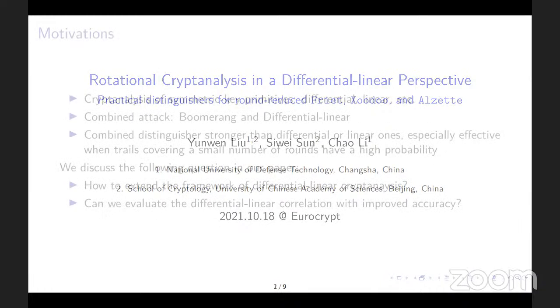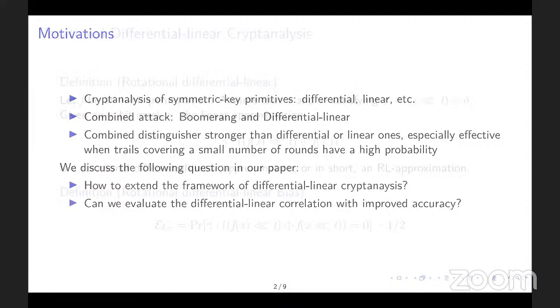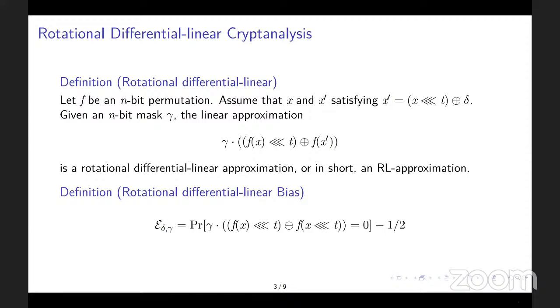In this study, our focus is on differential linear cryptanalysis, and we are interested in two questions. How to extend the framework of differential linear cryptanalysis, and can we evaluate the differential linear correlation with improved accuracy? So what we do is to generalize the differential linear cryptanalysis by replacing the XOR difference with rotational difference.